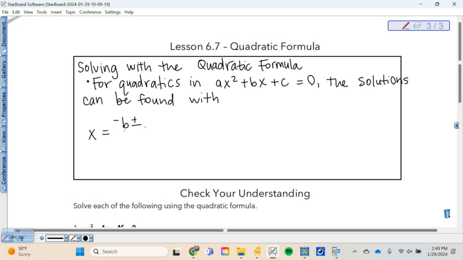Add or subtract the square root of b squared minus 4ac, divided by 2a.